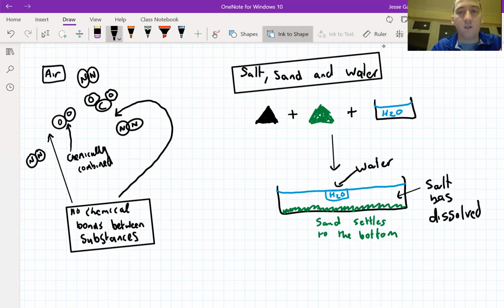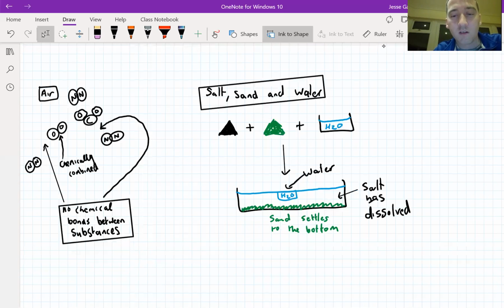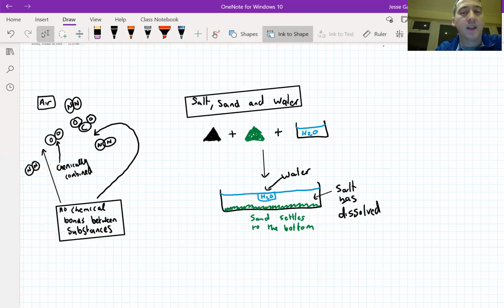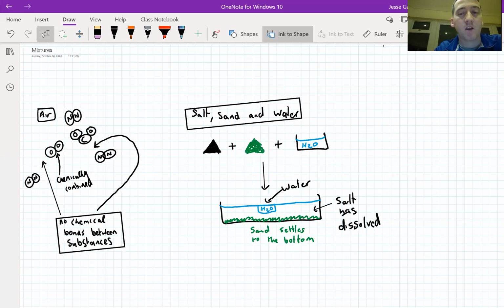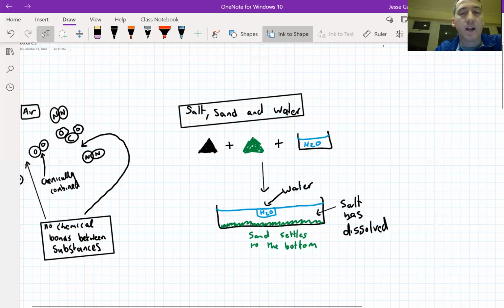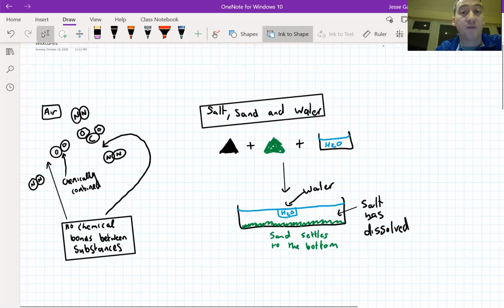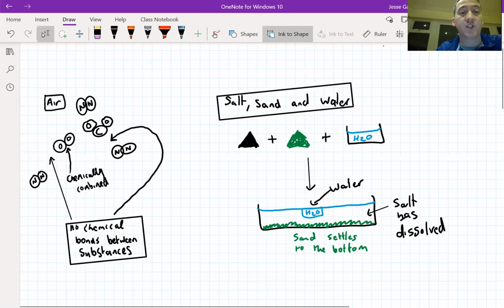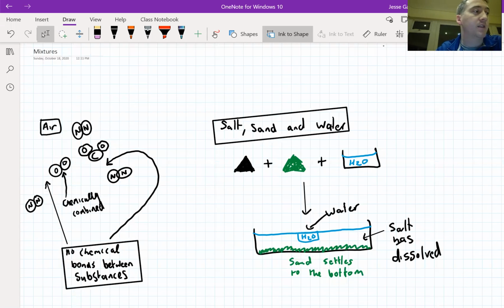The key thing though here, and I want to get across, is that we have different substances, the sand and the water and the salt, different substances. We've got 3 different types of particles in there, and they have not chemically combined. So any substance which contains different substances which are not chemically combined, that is what we call a mixture. So we're going to define what a mixture is now.